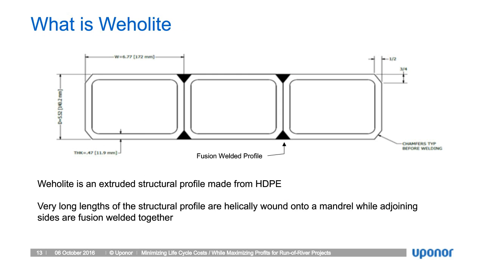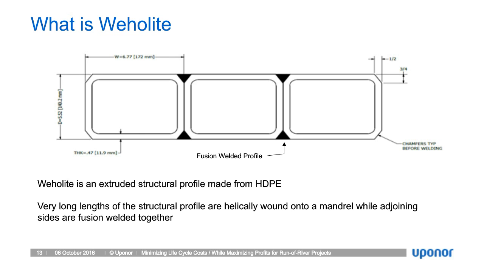So if we take a look at just getting into a little bit more detail of what Weholite is. Weholite is an extruded structural profile made from HDPE. So we're taking the characteristics of high-density polyethylene and we extrude it into a specific structural profile, in this case a closed profile, which then allows us to increase the structural integrity of the materials that we're dealing with.